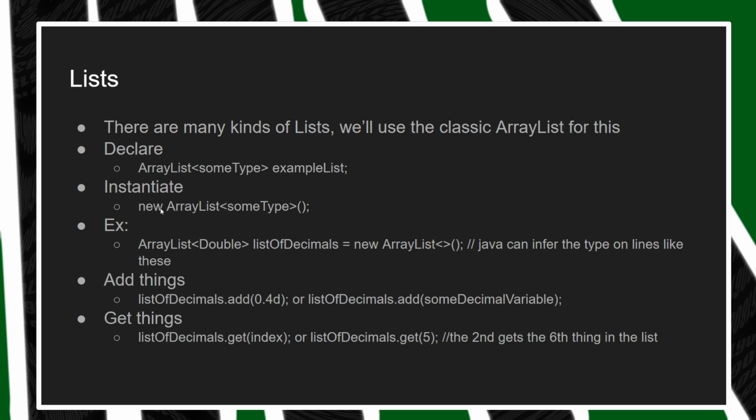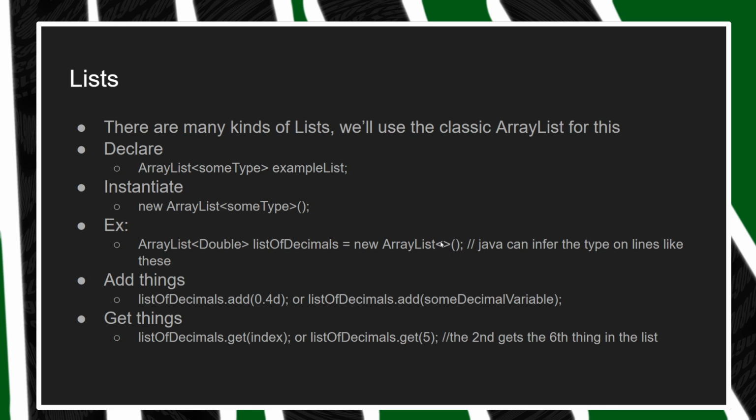To actually create it, you do new array list, that same type, and then you do the brackets or the parentheses, semicolon. Now, this example is you're doing both on one line where you're saying, I want an array list of doubles. So that's an array list of decimal numbers. List of decimals equals a new array list.